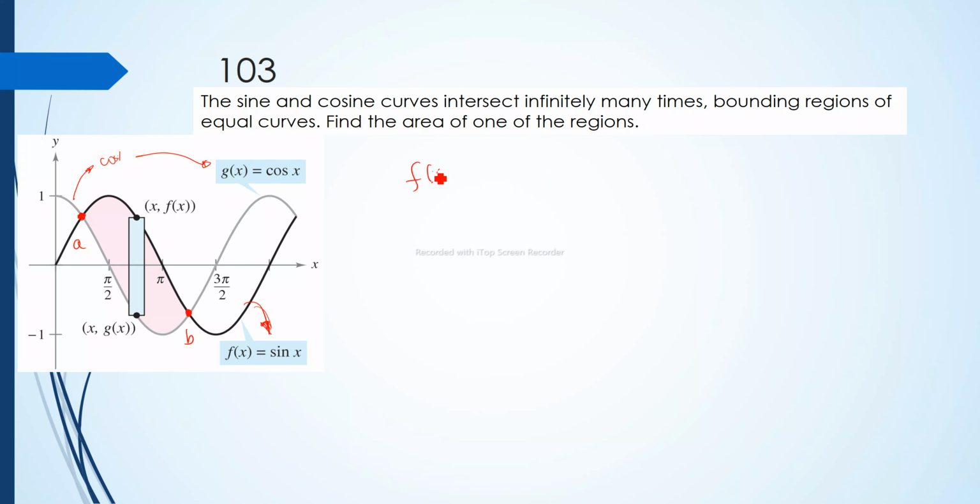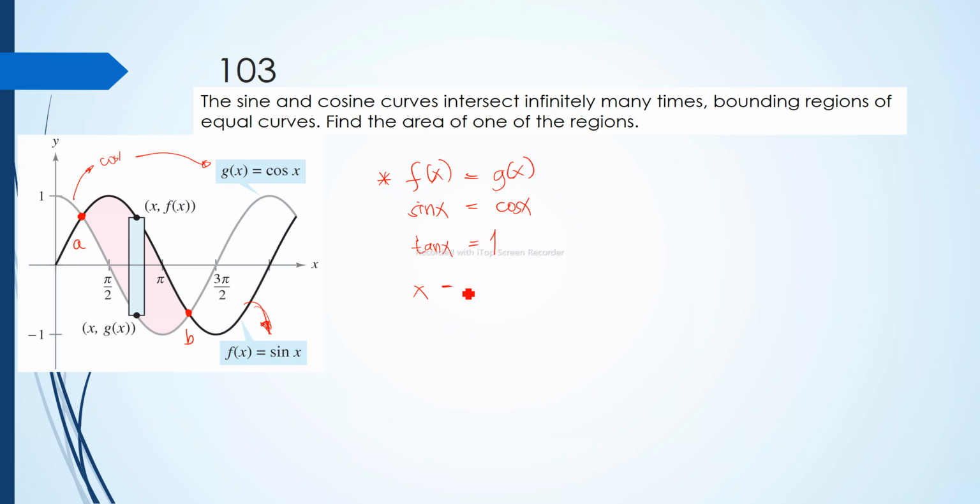For this one, we just equate f of x with g of x. So that is just sine x is equal to cosine x. Then we will have tangent x is equal to 1.